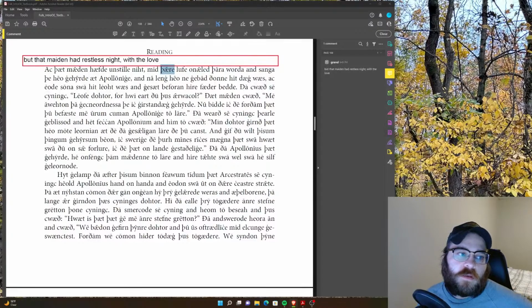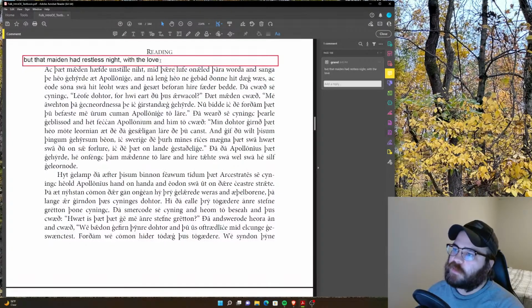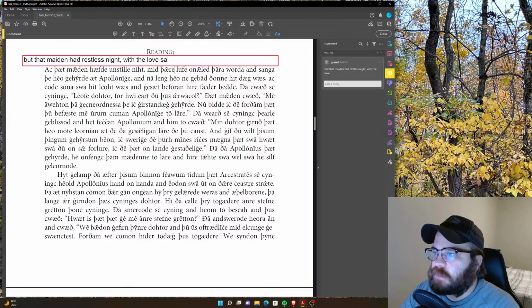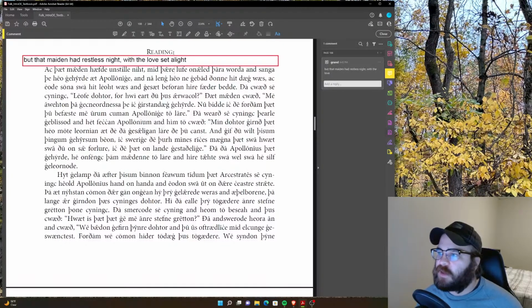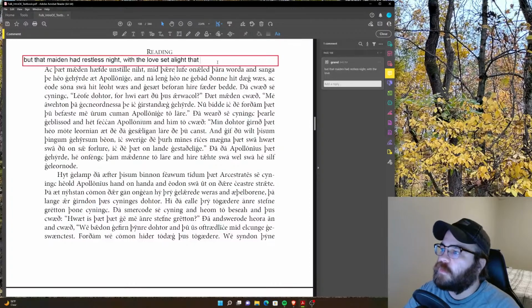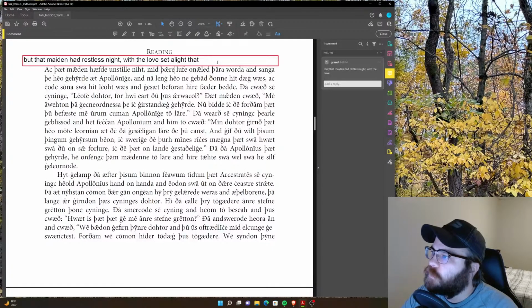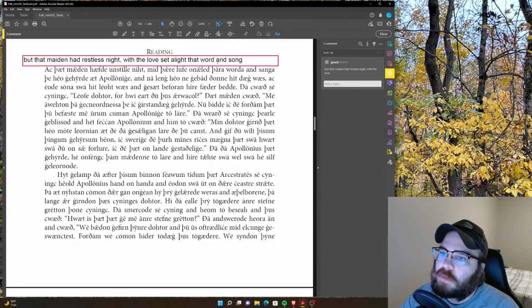That is a weak class 1 verb, and it is to set fire to. This is the past participle. So with love set alight, or set ablaze, or set on fire, ignited love. That, thara, is that, or the, word and song, that she heard.